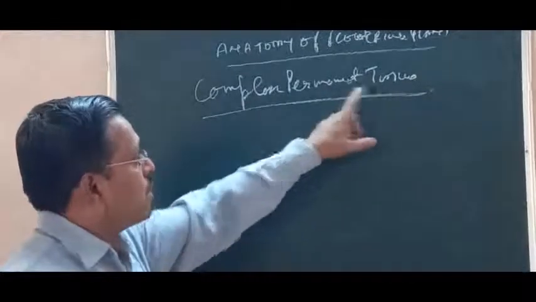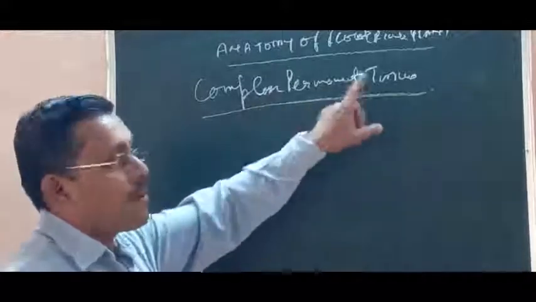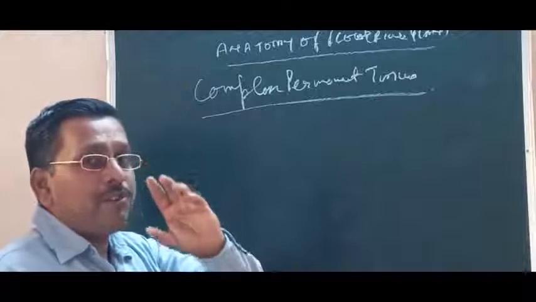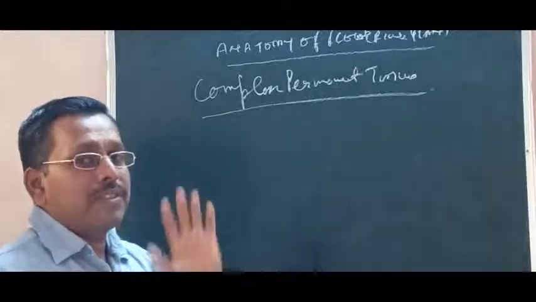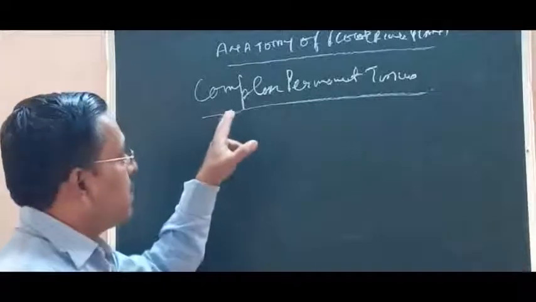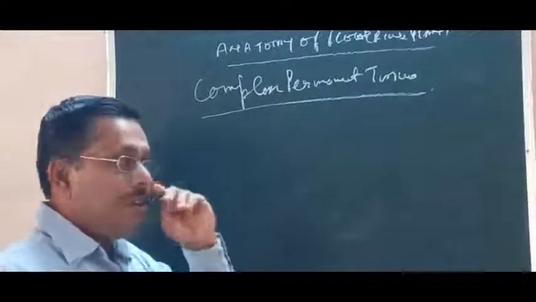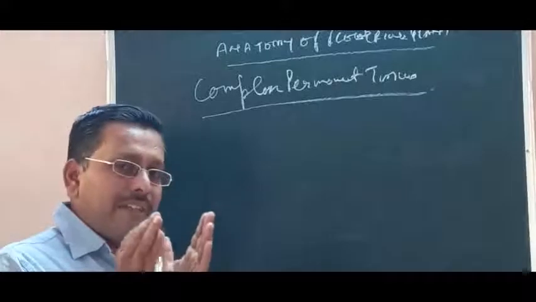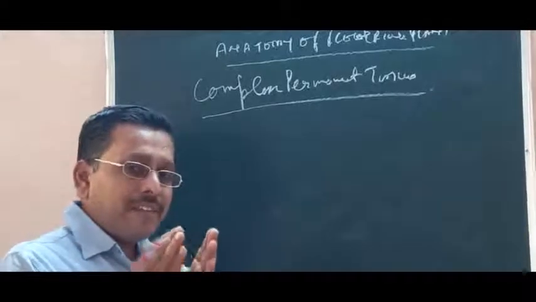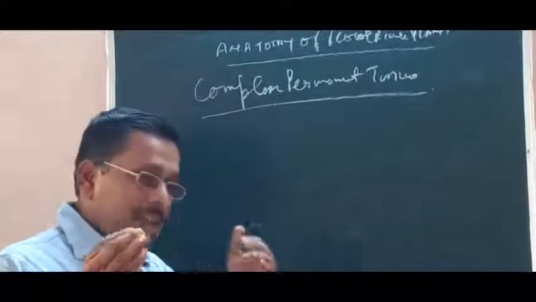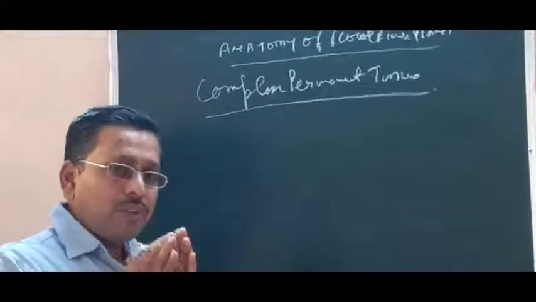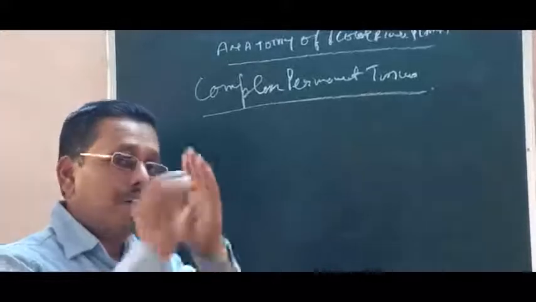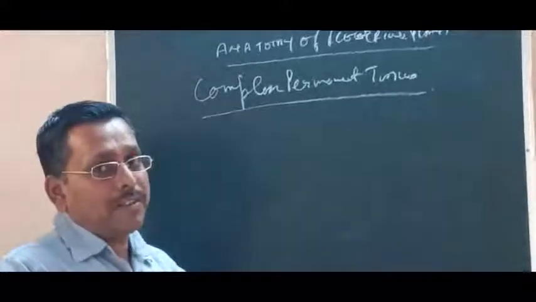Complex permanent tissue also performs a specific function, but it performs that function with the help of more than one type of cell. That is why it is called complex. Complex means different kinds of cells having different shapes, sizes and functions, which together constitute a tissue and perform a specific complex function and basic function of the plant.